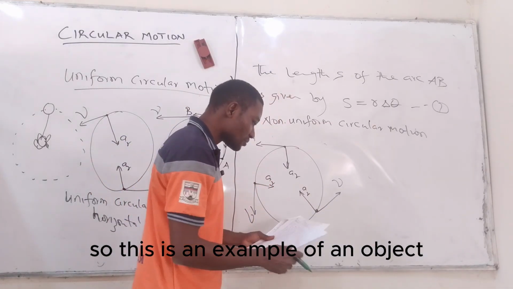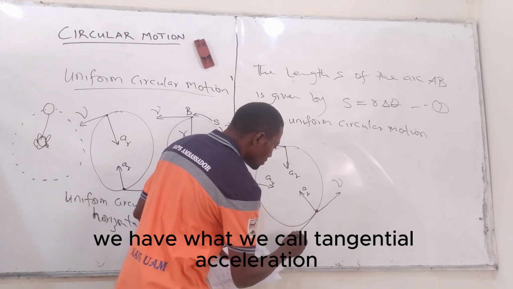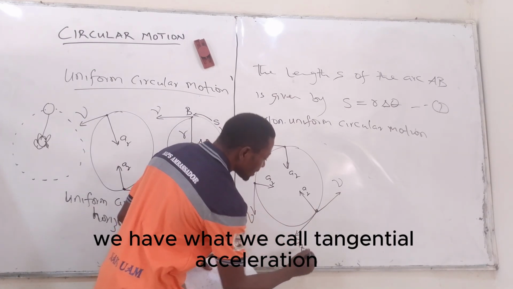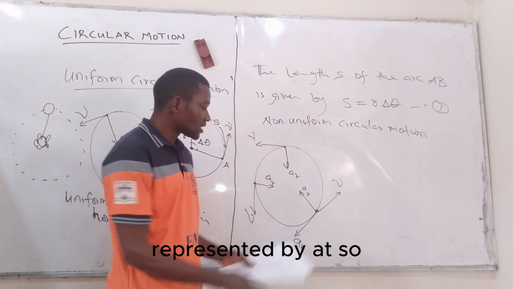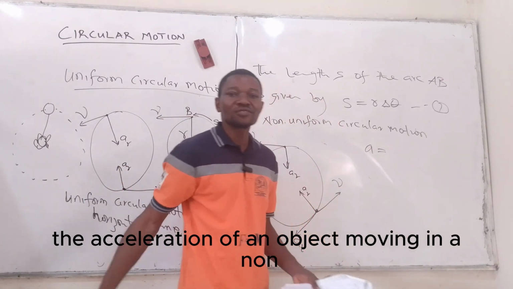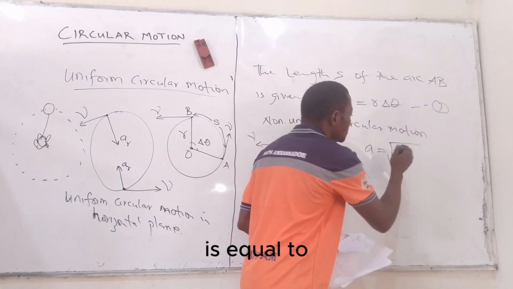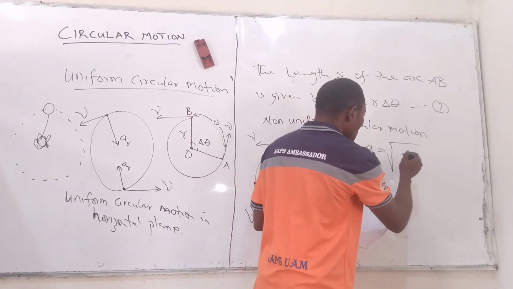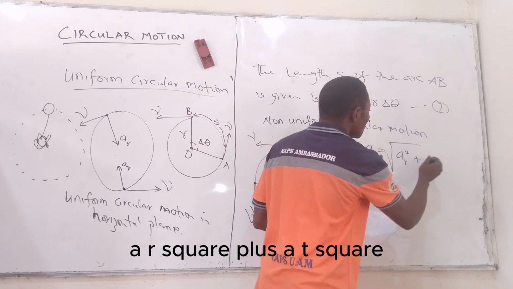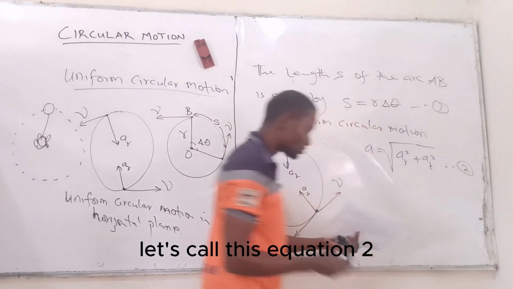So this is an example of an object, and as the object is moving, we have what we call tangential acceleration, represented by at. So the acceleration of an object moving in non-uniform circular motion is equal to the square root of ar squared plus at squared. Let's call this equation 2.